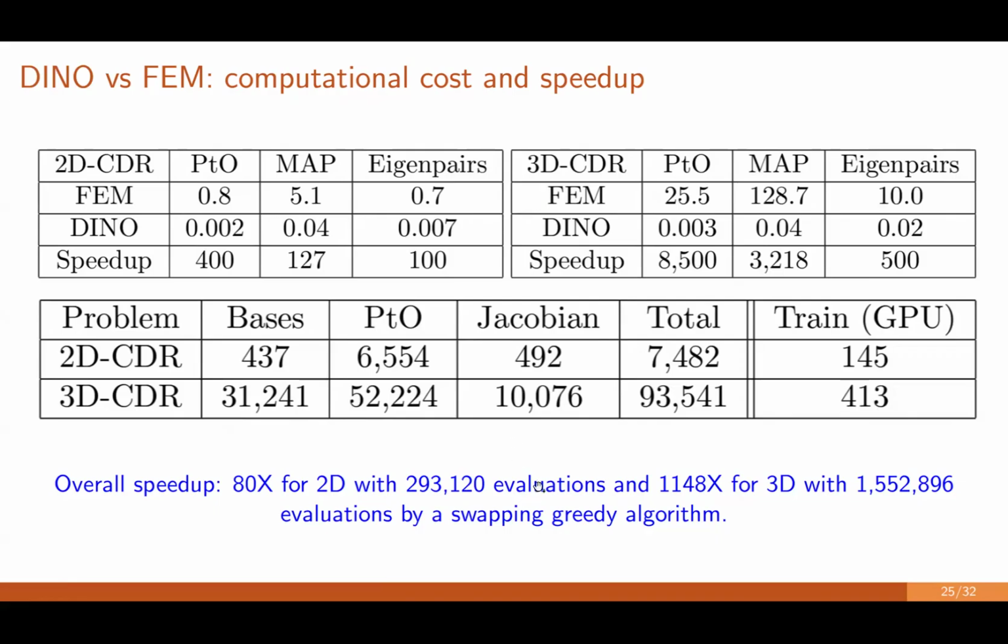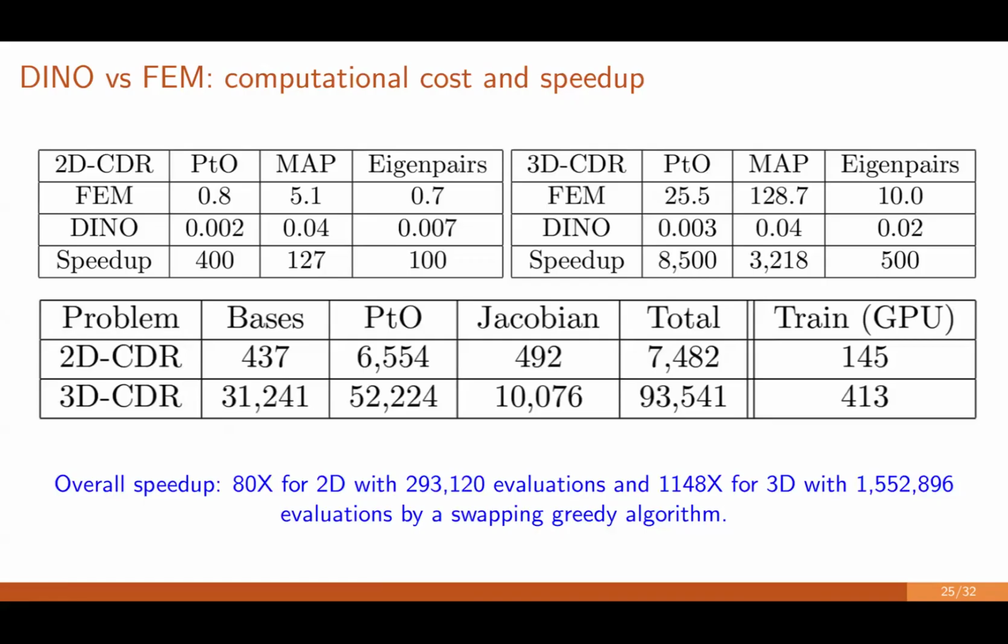In the greedy algorithm, we need to evaluate the EIG many times. Let's say for the 3D problem, we need to evaluate about 1.5 million times. In total, we achieved about 1,000 times speed up by accounting for this offline computational cost.